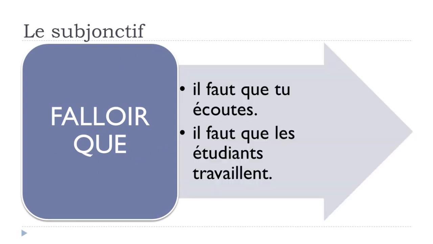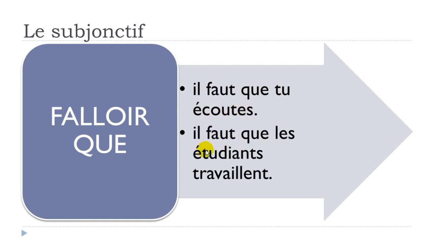All right, so for instance, if we have a look at these sentences, falloir is to need, to have to, okay? Il faut que tu écoutes, all right? In that case, we'll see a bit later, of course, how to make it, but still, you've got this verb, écouter, and this form is the subjunctive, okay? Il faut que tu écoutes.